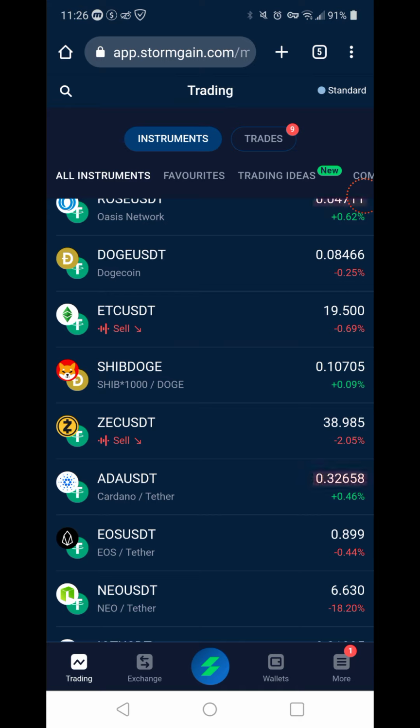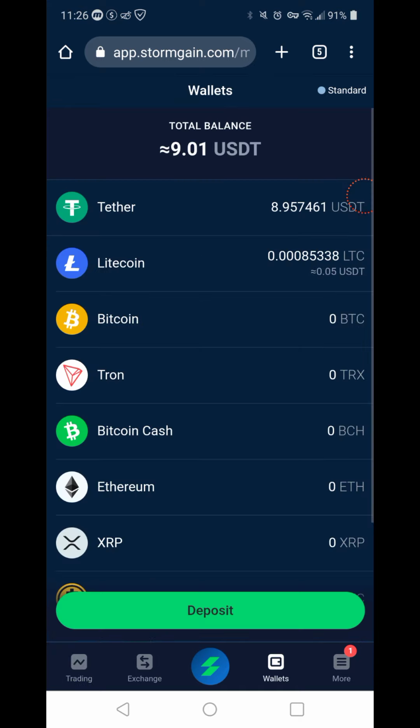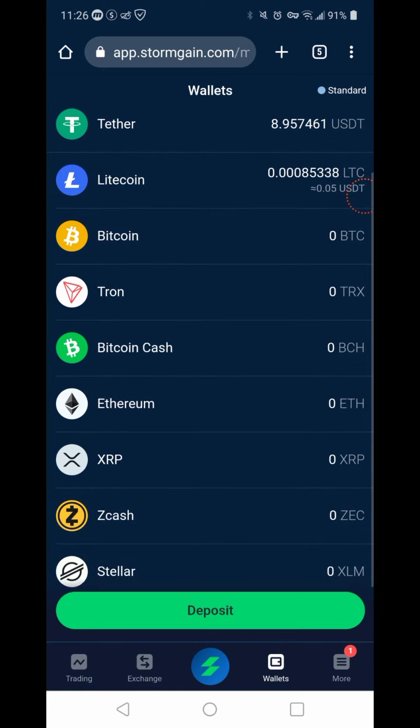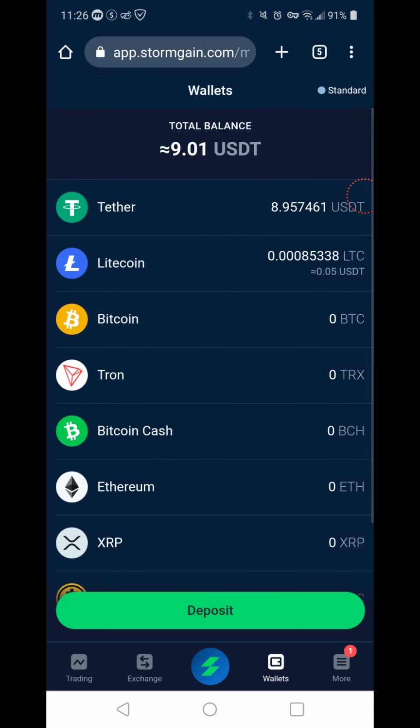All I did was send it to a different wallet, other than Stormgain. So this is what I have now, $9.01 USDT. I can't do anything with this amount because you have to have a minimum of $10. So yes, I could go in, click deposit, and deposit 99 cents and make a transaction to buy crypto.